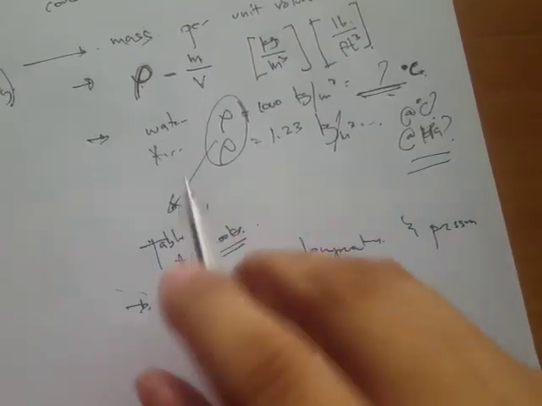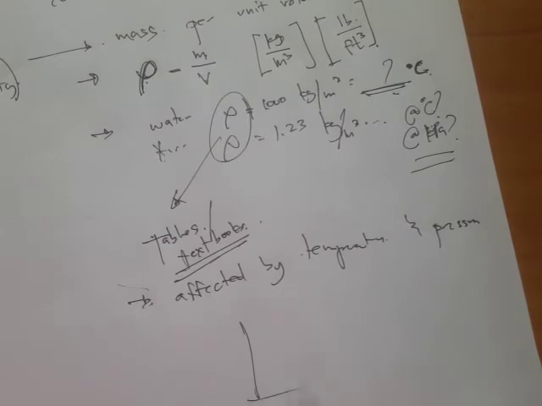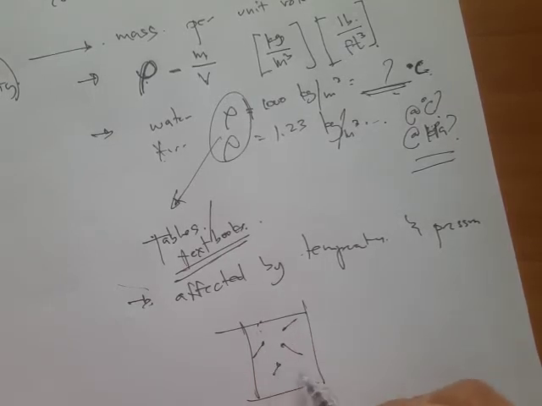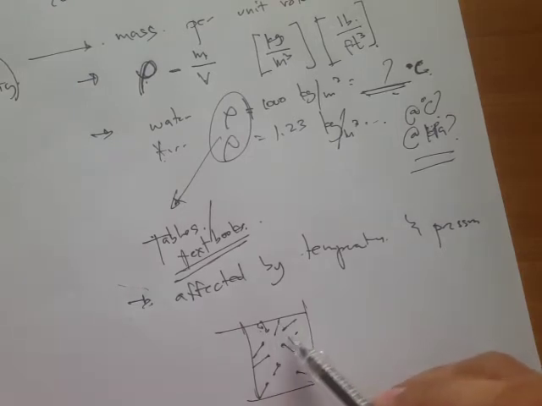For example, if we consider a container at a certain temperature, with these gas molecules right here, if it's cold, they are compressed, and there's a greater number of gas molecules inside.